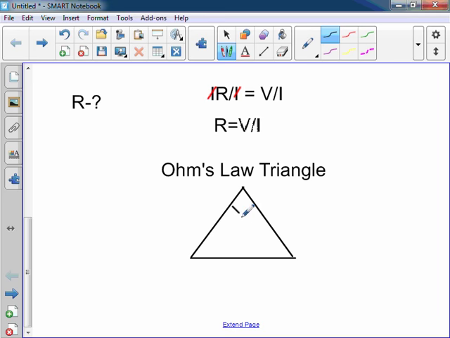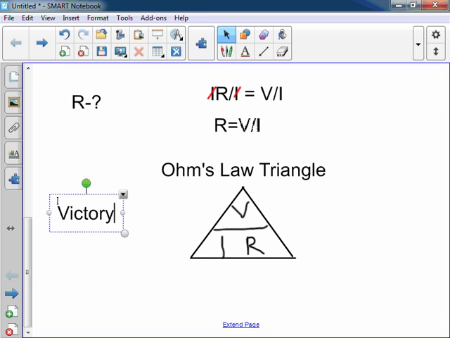So I'm going to put V on top, over I times R. And the way I usually tell people to remember it, and the way I remember this myself, the order that it goes in, is victory. Victory is on the top, so it's victory over insane robots.